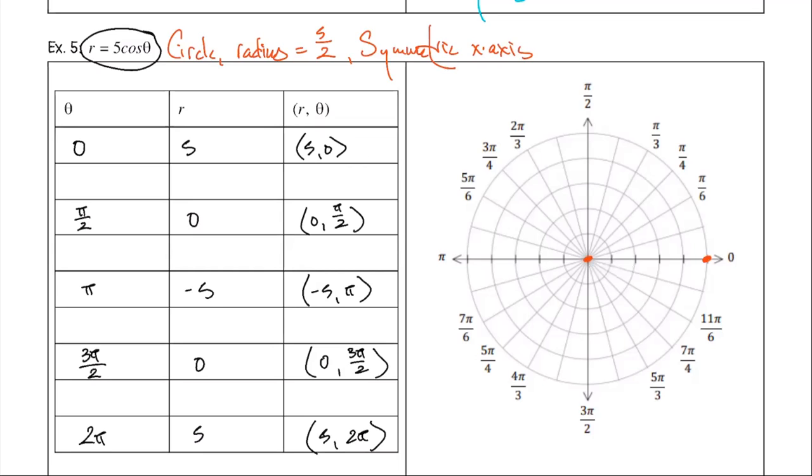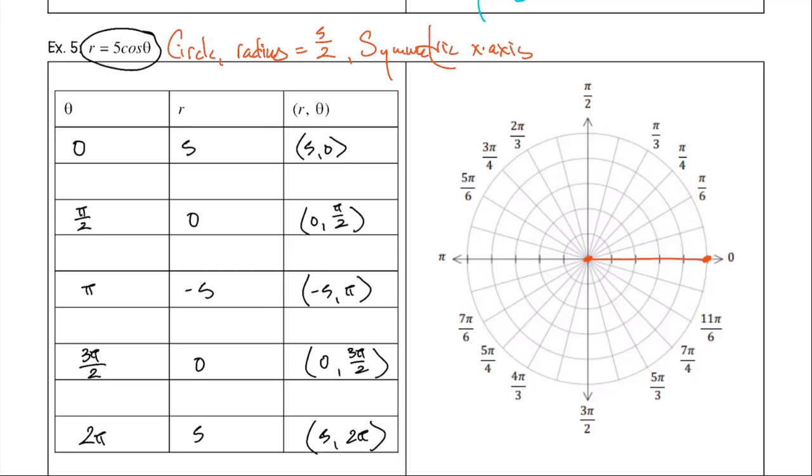Yeah, it's going to be right back at the origin. And if I go to 5, comma 2 pi, it's going to be back at that first point. So even though I put 5 points into the table, I only got 2 points out. So maybe I would think the graph looks like that, right? That's a valid prediction.